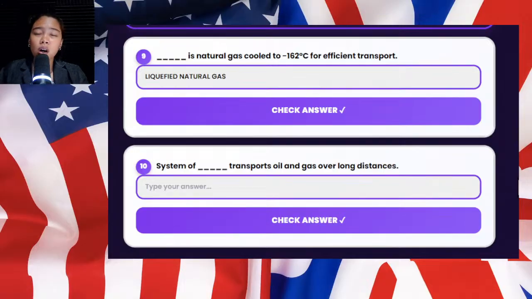This extreme cooling process changes the gas into a liquid state, which makes it much more convenient to transport because it shrinks the volume. When natural gas becomes a liquid, it occupies only 1/600th of its original gaseous volume. So that's already a great difference.